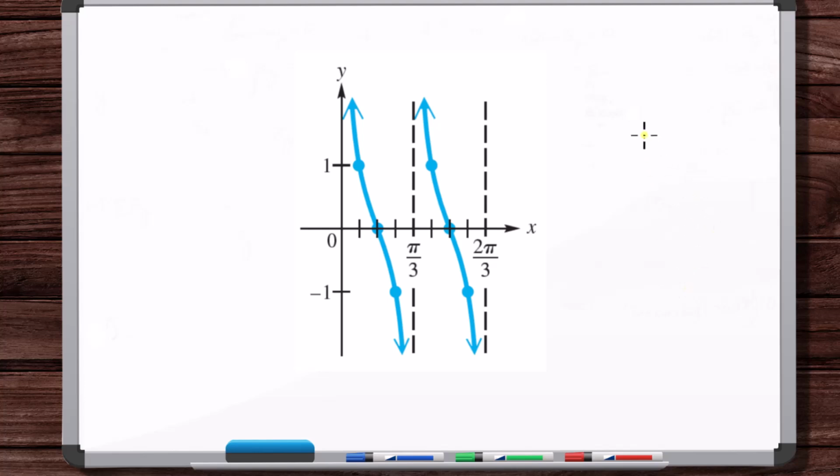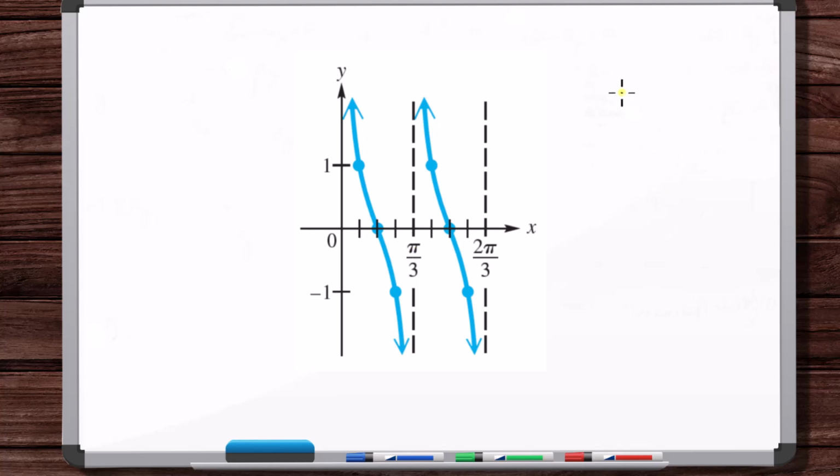Okay, so this looks like a cotangent shape, unflipped cotangent, and it also has the phase characteristics of cotangent, right? Cotangent, before it's shifted, has the vertical asymptotes going from 0 and then out a period. So we can see the period here is pi over 3.